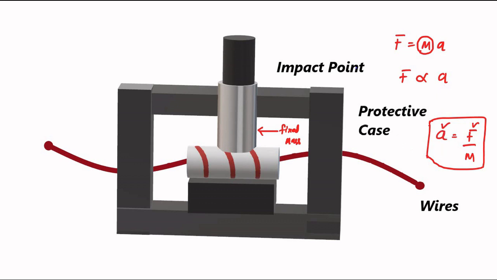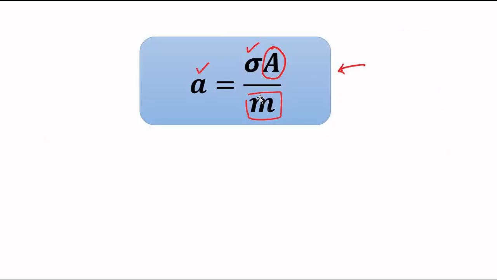So always remember, when acceleration is in terms of stress or pressure, this is the relationship, and when it is in terms of force, it is force by mass. In both cases mass is fixed. In case of pressure, the area is fixed too.